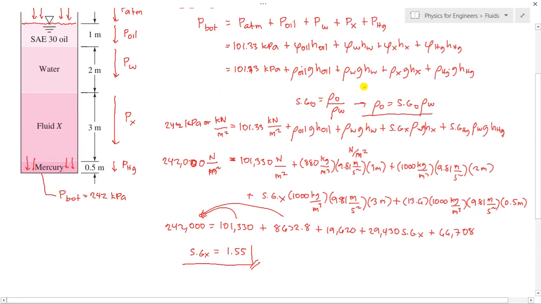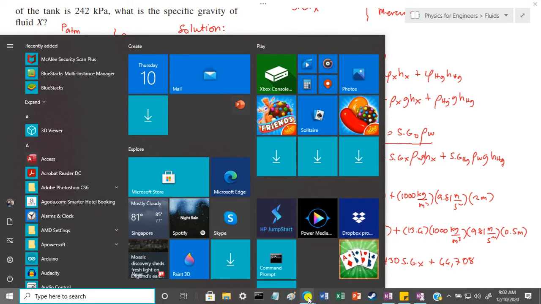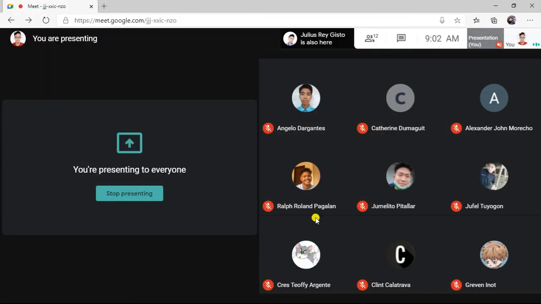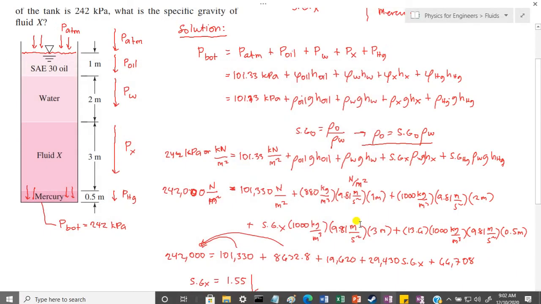Okay, any question? Naipangutana regarding our first example for pressure. Wala pangutana ni?